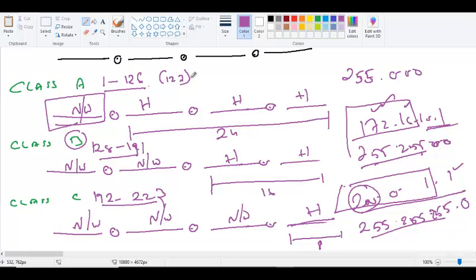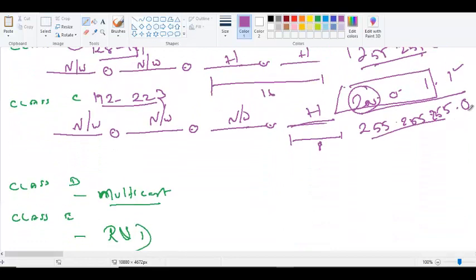For Class D, the range is 224 to 239. Again, Class D is not a valid IP address. It is to identify a group of devices. It is a multicast address. So let us not get into that. Do you have any question on A, B, and C, please?